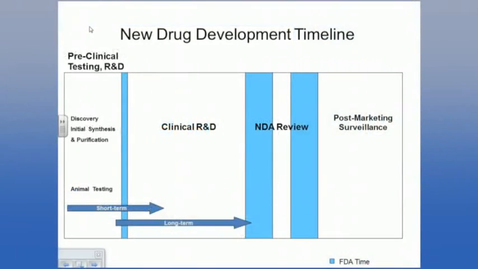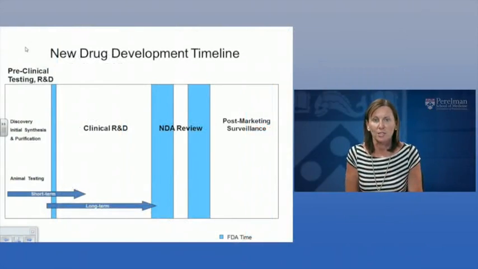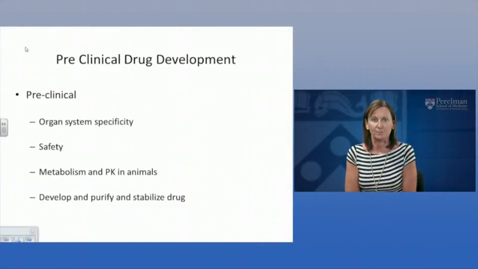And as you'll see on this schema, you have short-term animal testing and long-term animal testing, and it is not at all uncommon for the short-term animal testing not to be completed before the human testing begins. And it is common that the long-term animal testing is being conducted at the same time as the first stages of human development actually occur. So there is a significant degree of overlap there.